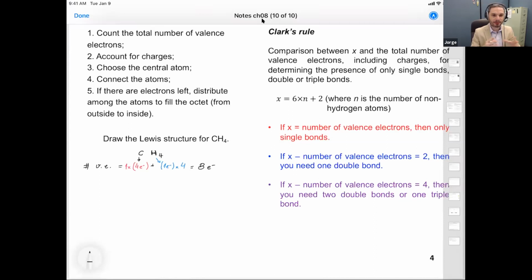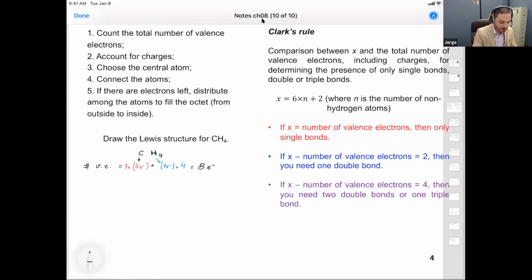The third step is to choose the central atom. And here is one trick. Hydrogen cannot be the central atom in any case, okay? Hydrogen will never be the central atom.